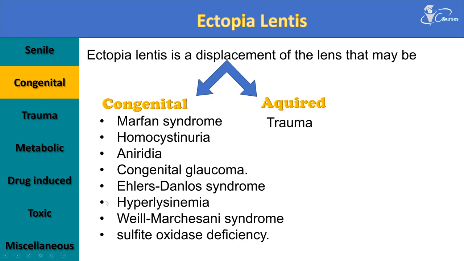These diseases are characterized by displacement of the lens. For the acquired, the most common cause of acquired lens displacement will be trauma. All these are congenital, non-traumatic causes of ectopia lentis.